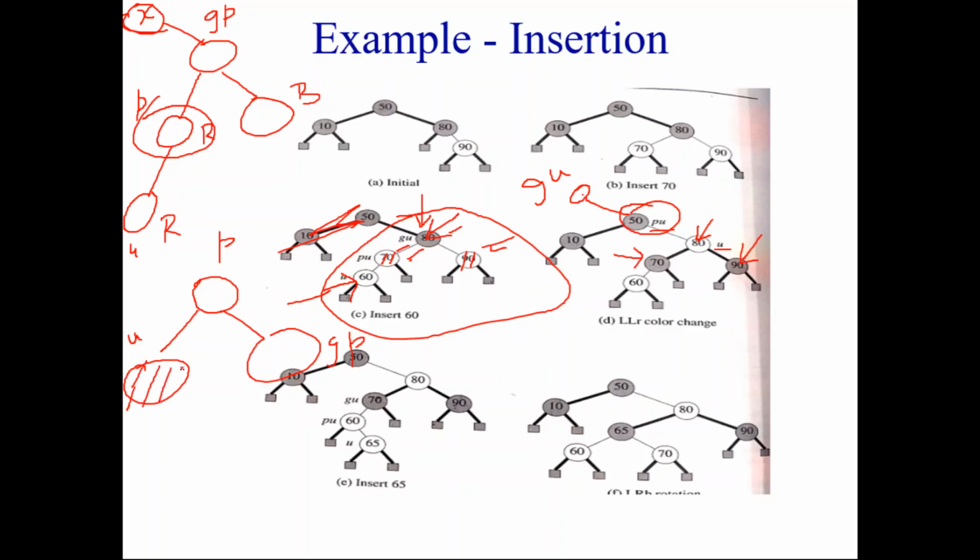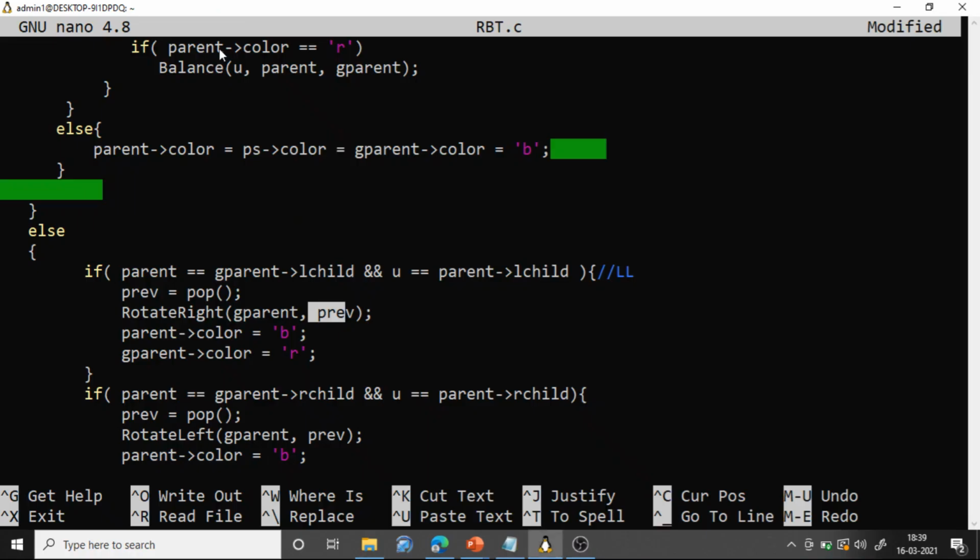Now which color do you want to change? P was previously red. Because of that only an imbalance was created. So P should be made black in color. What should be the color of the grandparent? Grandparent, you can make it red in color.